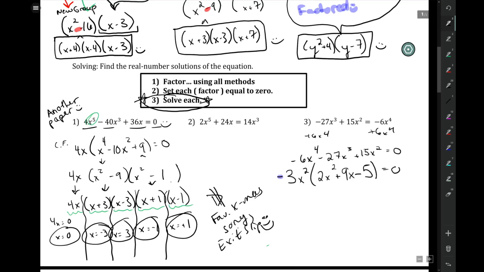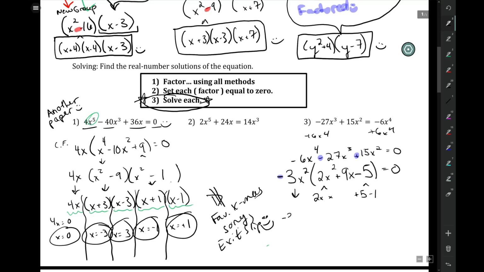Okay, so be careful. Again, I took out a negative, which is going to change both of these signs. You don't have to do that, but it will make factoring this easier. Now, I need things of 2x and x, factors of the first, factors of the last. It's going to be negative 5 and positive 1, or positive 1 and negative 1.